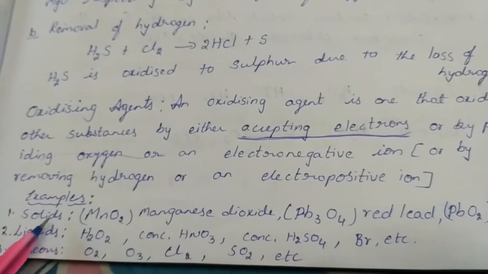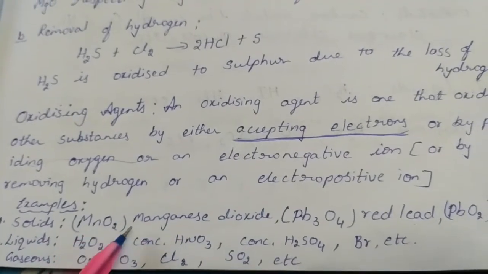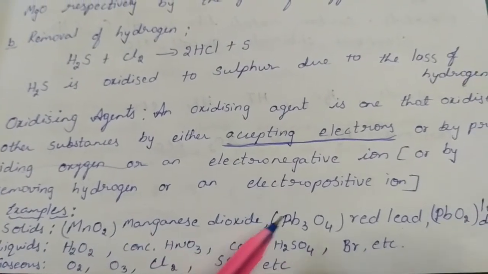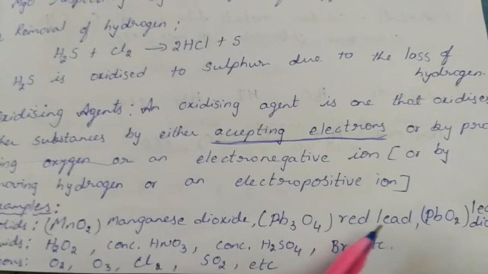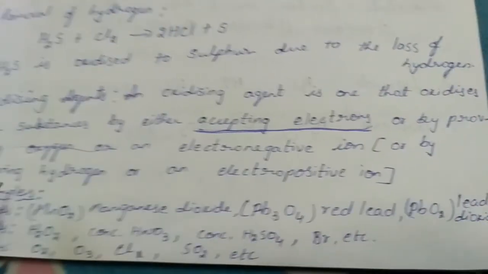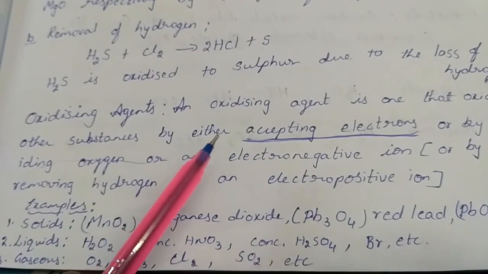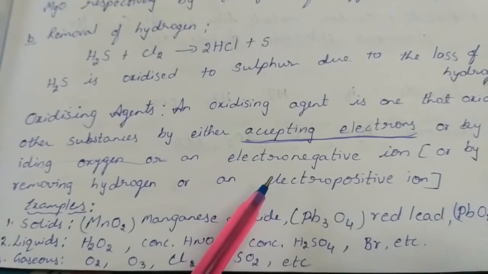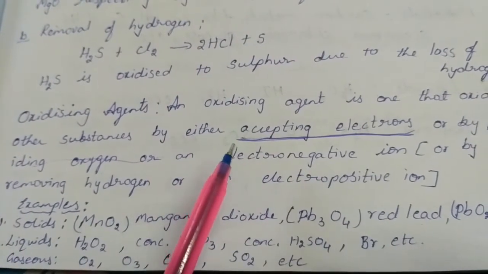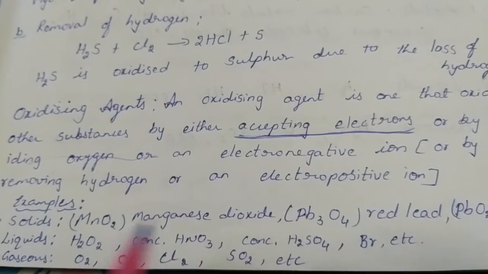See the examples. In solids, manganese dioxide MnO2, Pb3O4 that is red lead, and PbO2 lead oxide are examples of oxidizing agents. These substances will accept electrons, or they will provide oxygen for other substances.